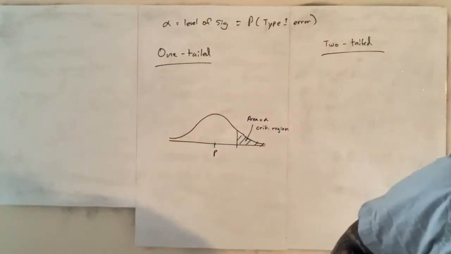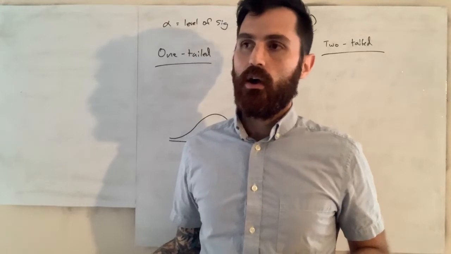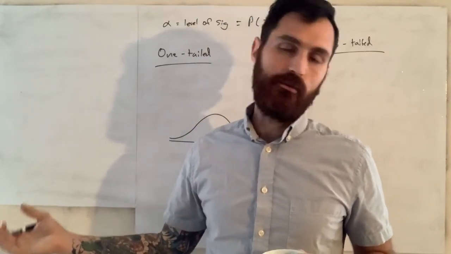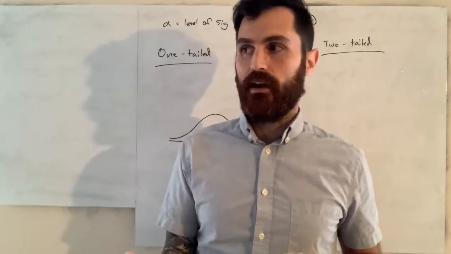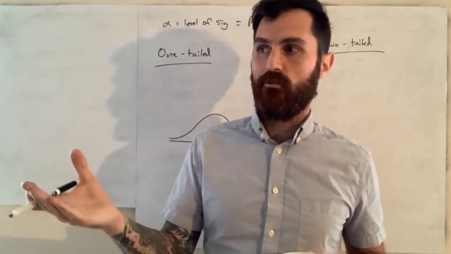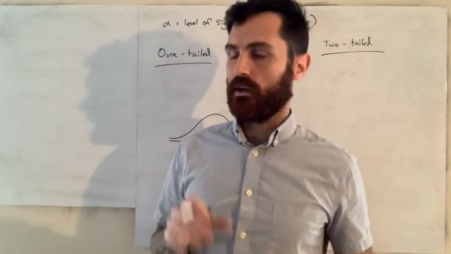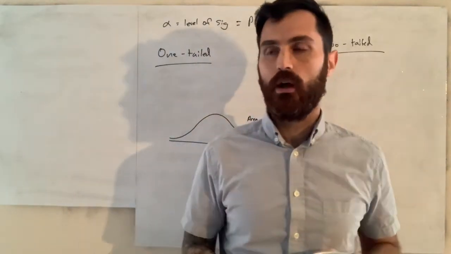But there are consequences to setting your level of significance too low. Like I said, it inversely affects the beta value. So you want to keep that in mind. You don't always want to set it super low.